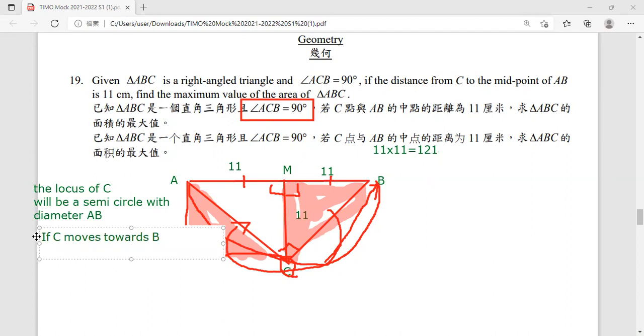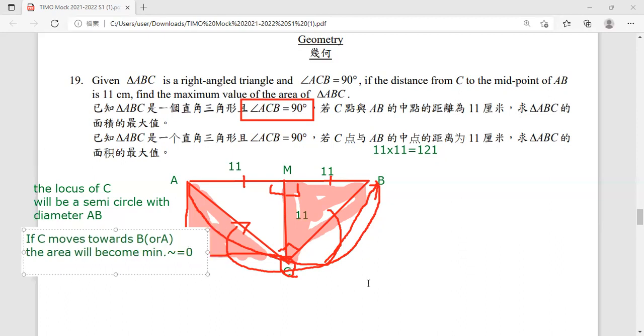If C moves towards B or A, it will become minimum.